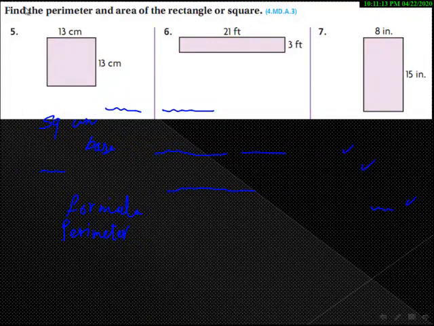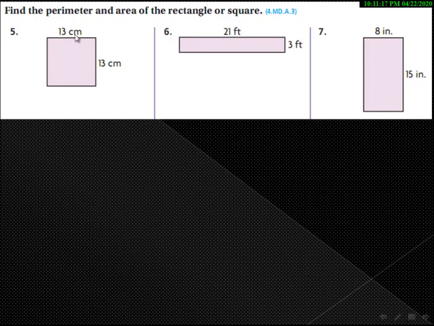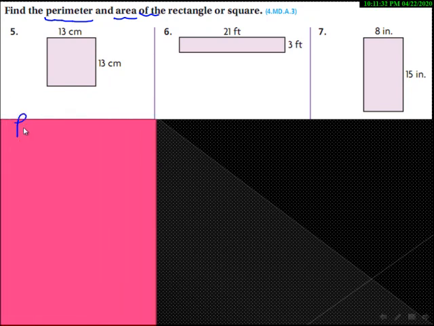Here we go. Question 5. Find the perimeter and area of the rectangle or square. He wants me to find both perimeter and area. For the first figure in front of me, I'm going to solve its perimeter at first.